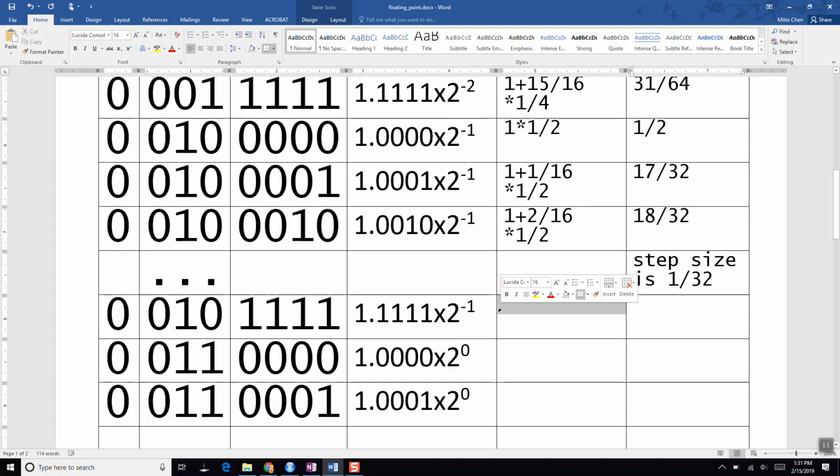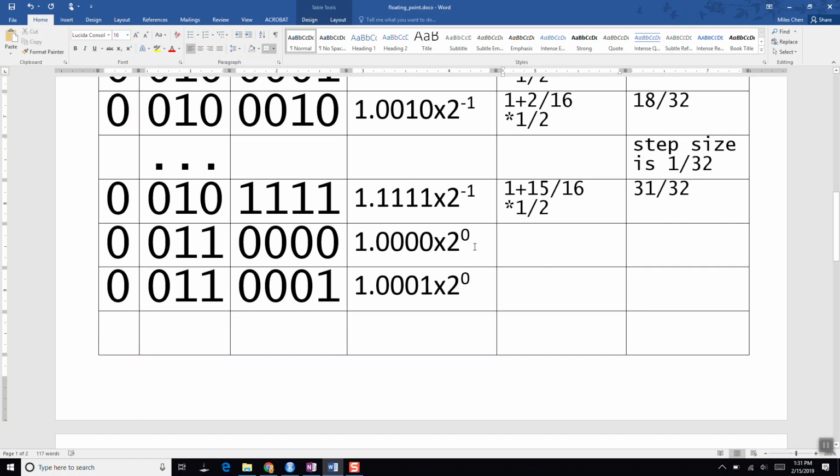And so I can get to this point, which will be 1 plus 15/16 times 1/2, and what is this equal to? 1 is 16/16 plus 15/16, so we're going to have 31/32.